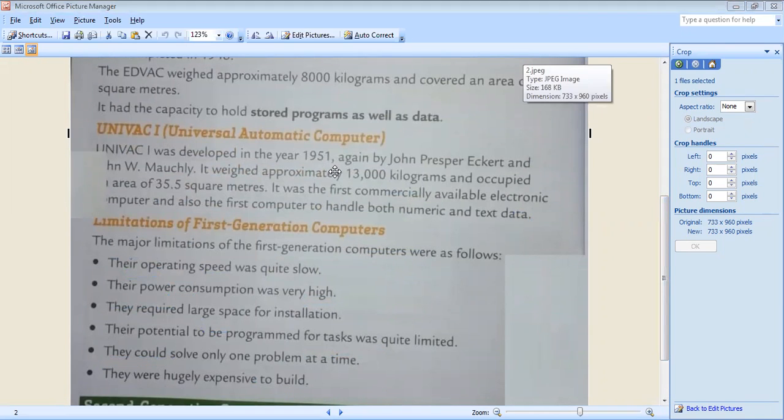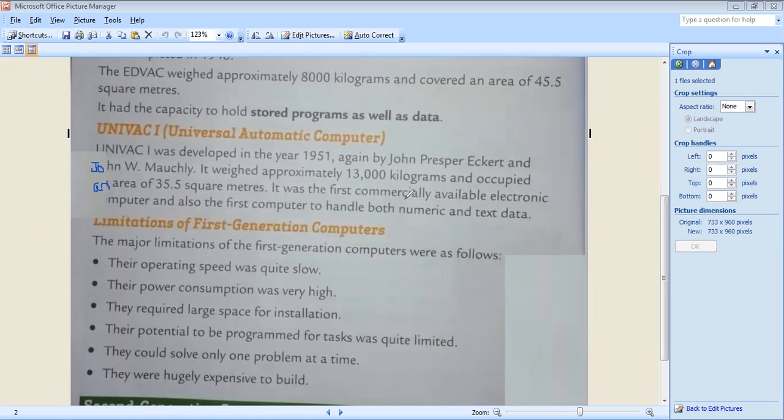Then came UNIVAC. UNIVAC was developed in the year 1951 again by John Prosper Eckert and John W. Mauchly. It weighed approximately 13,000 kilograms and occupied an area of 35.5 square meters.